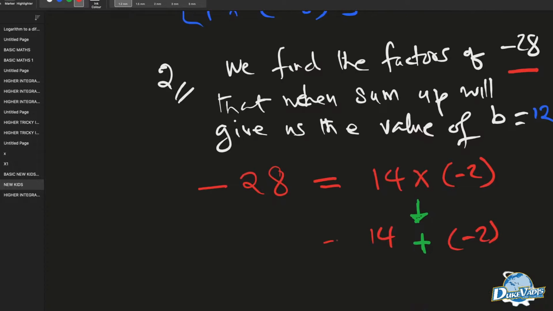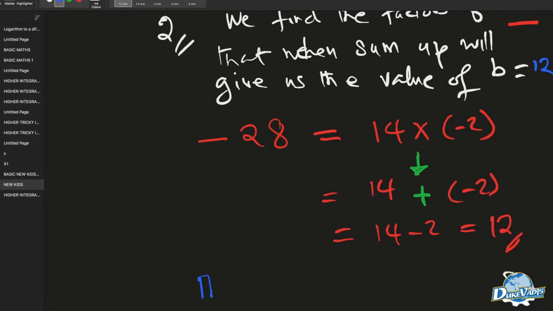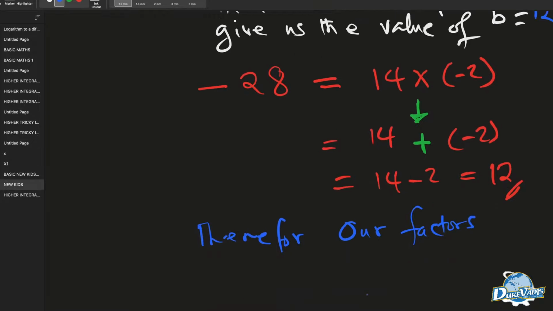That gives us 12, which is the B. Therefore our factors that will help us are 14 and negative 2, which we can write as 14x minus 2x.